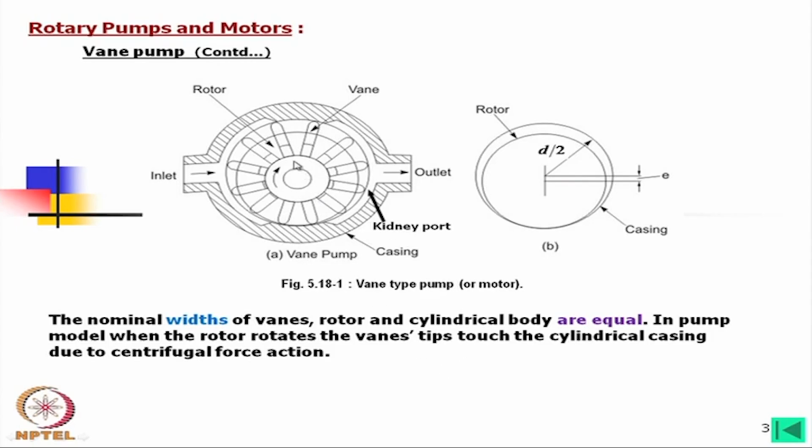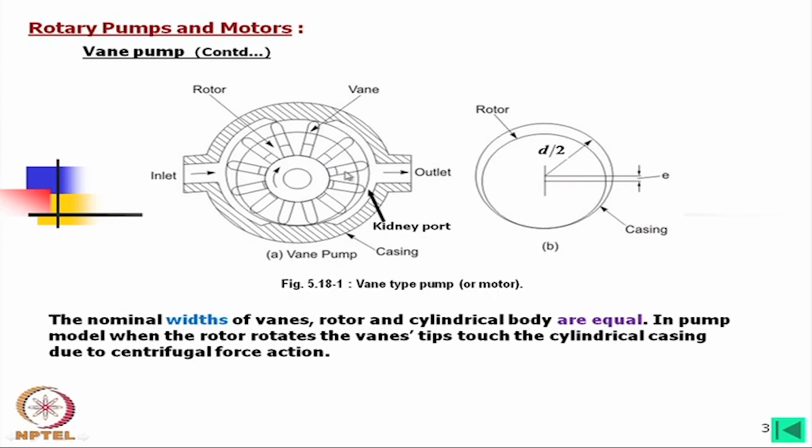if we look into the number of vanes, how many vanes are there? If we start counting: 1, 2, 3, 4, 5, 6, 7, 8, 9, 10, 11, 12. But yesterday, in the last lecture, we discussed that it should be an odd number, which is greater. So, in this case why 12? In fact, 12 is, in the case of a vane pump, a small number. Usually you will find more vanes.